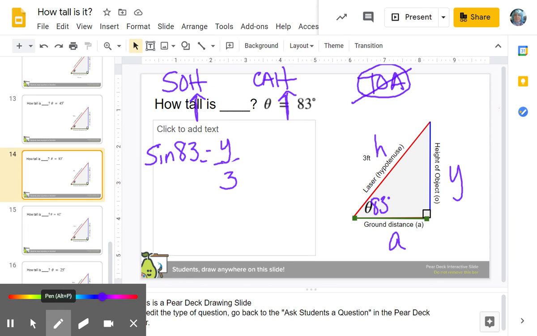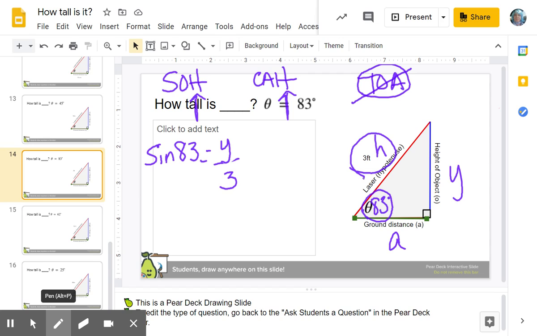So here we're given an angle and a side. So we've changed kind of what we've been given since Friday. We always put the angle next to the function, and then we set up the fraction the same way we did before. If there's a number in the denominator, you're just going to multiply.